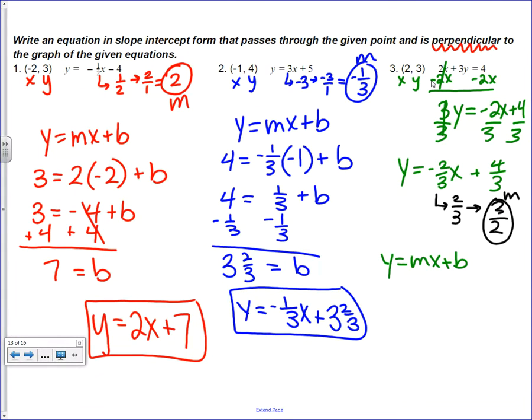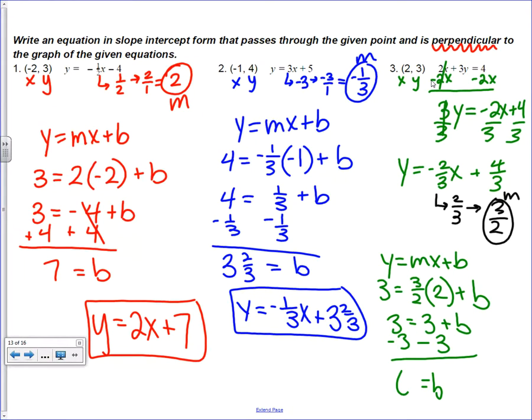What's my y? What's my m? What's my x? Perfect, and I'm trying to find the b. All right, Trevor, how are we going to solve it? Perfect. You just get 0.